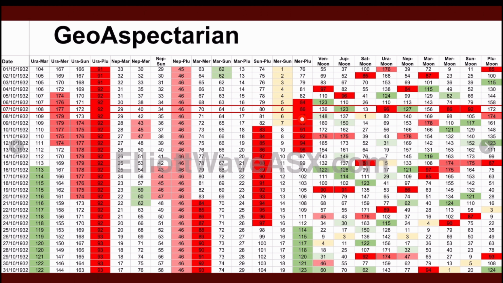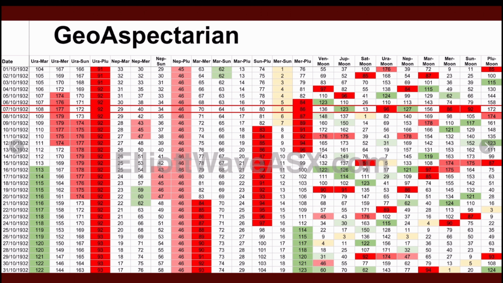We've got Mercury-Pluto square, Jupiter-Moon trine, Uranus-Moon square, Neptune-Moon trine, Mercury-Moon square, and the Sun and Moon square.